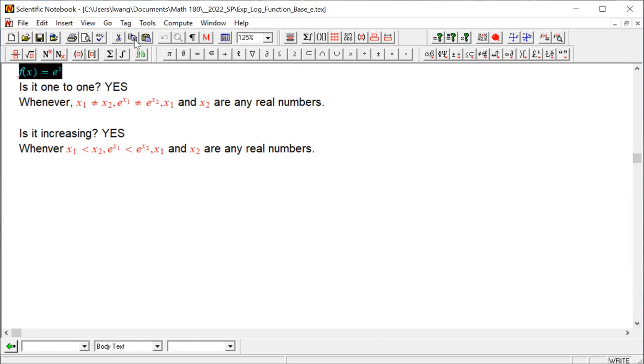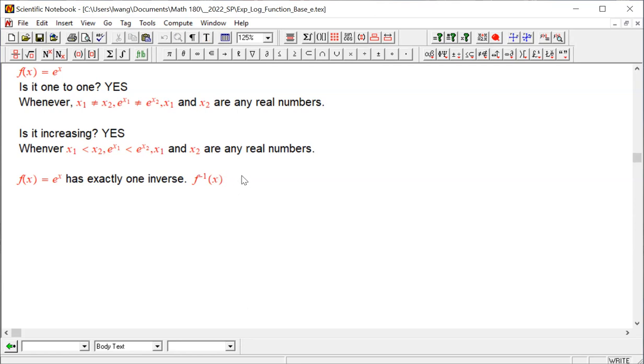So f of x has exactly one inverse. I'm going to give it a name: f inverse. The question is, what is it? How do we find it?